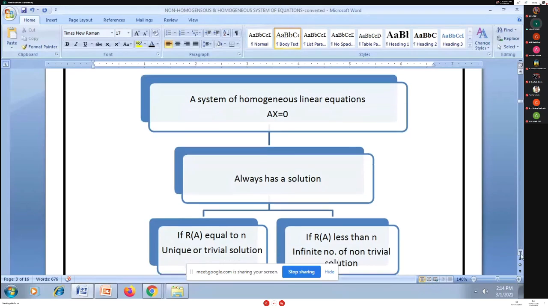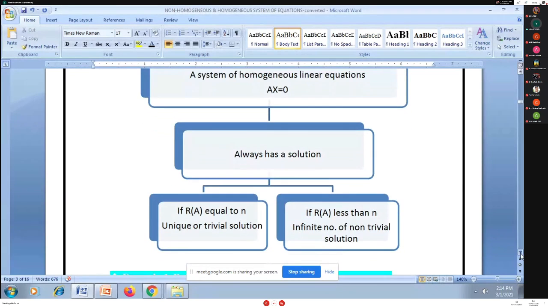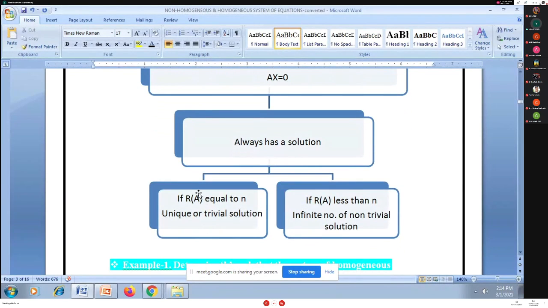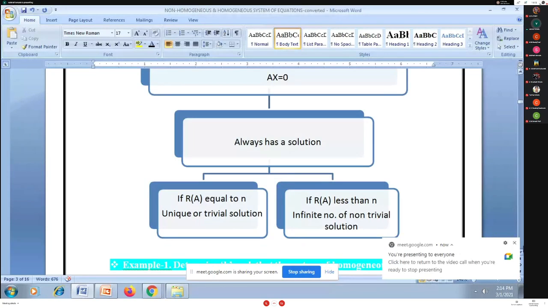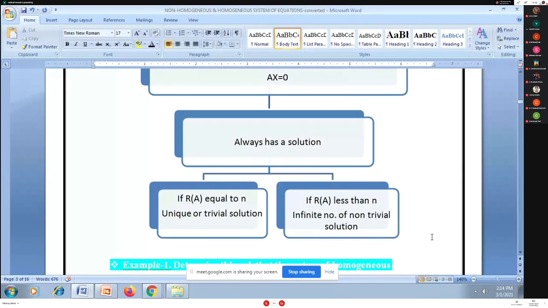When the rank of A is equal to the number of unknowns, I get just the trivial solution. But whenever the rank of A is less than the number of unknowns, I have a non-trivial solution, or infinite number of solutions.